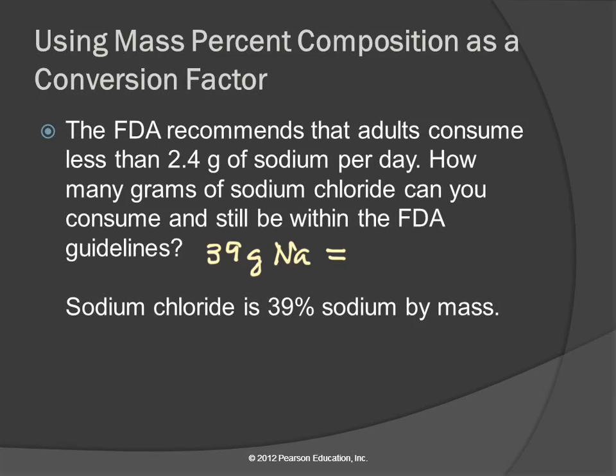So if I had 100 people and 39% of them liked M&Ms, how many people out of 100 would like M&Ms? 39, right? So 39% means 39 out of 100. But this is by mass. 39 grams of sodium is equal to 100 grams of sodium chloride. Why? Because they told us 39%.